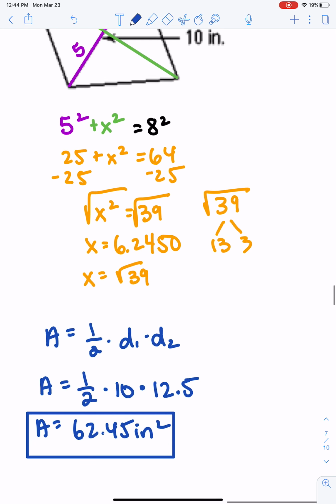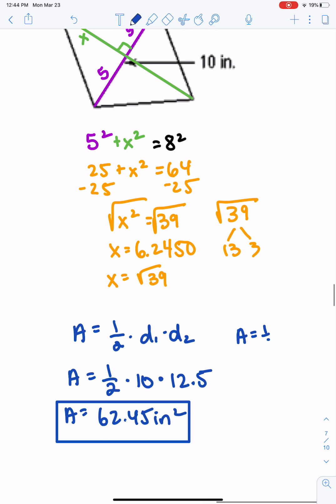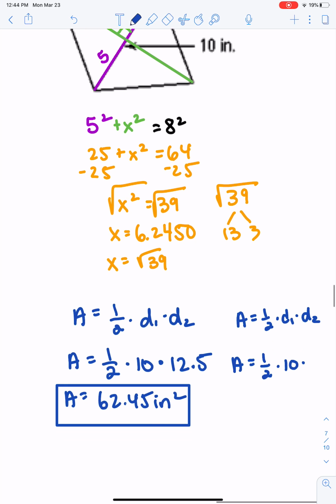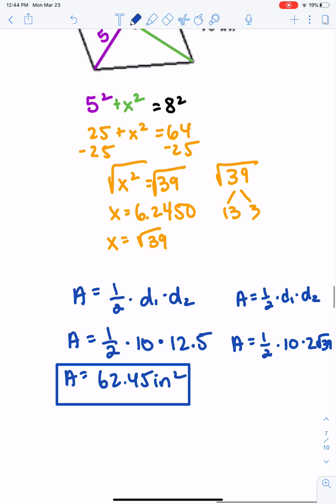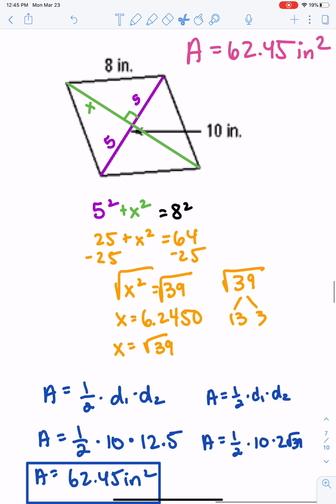If you would like to do the ACT method, we will have the area is 1/2 times diagonal 1 times diagonal 2, which gives us 1/2 times 10 times 2 of that square root of 39. That is because the x was just one of the halves.